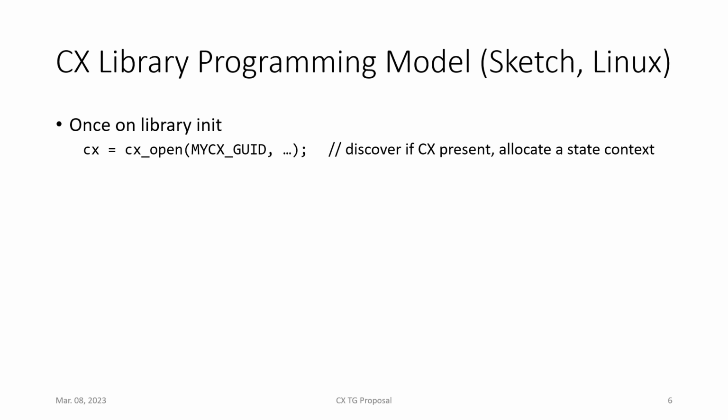If the system implements mycx and if the OS grants access to it, the OS allocates a mycx state context and returns an opaque CX selector index, here called CX. Otherwise, it returns a negative index indicating no CX. This index is not unlike a file descriptor returned from an open system call. Later, when the library is closed, the CX index is closed and its state context is released.